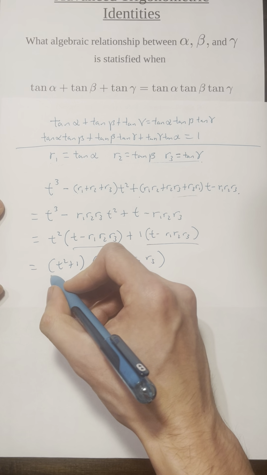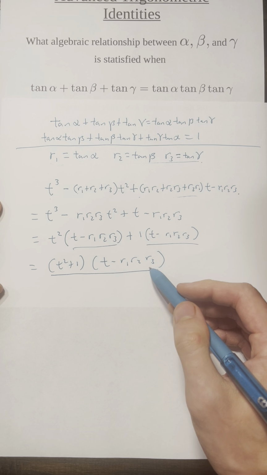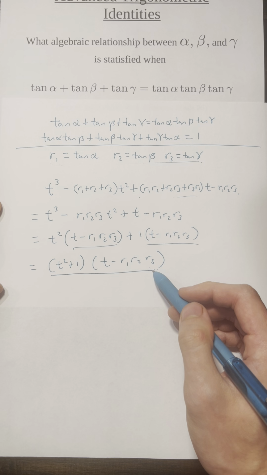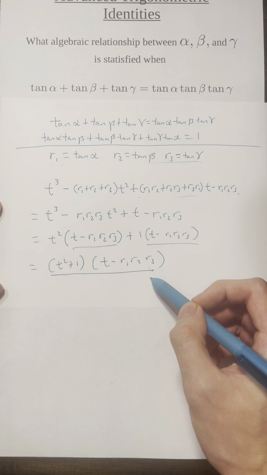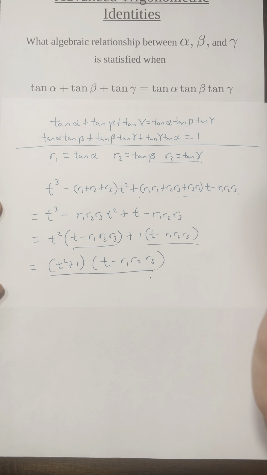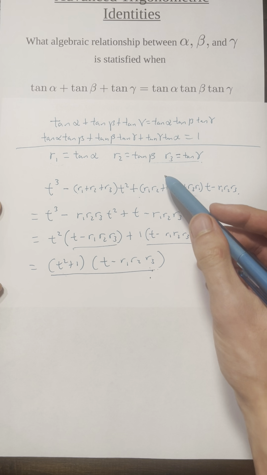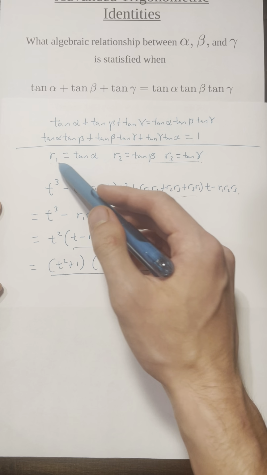Okay, so how many real roots does this have? Just one? But R1, R2, R3 are the roots of this. And R1, R2, R3 are all real numbers. So we've got a contradiction. This polynomial has these as roots.